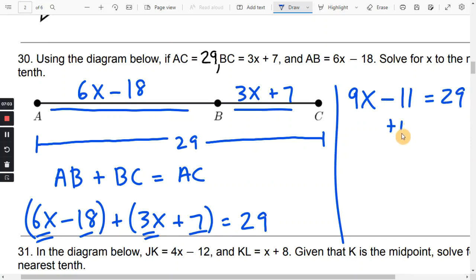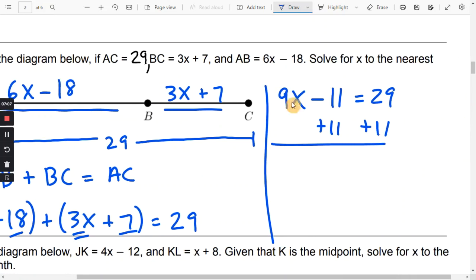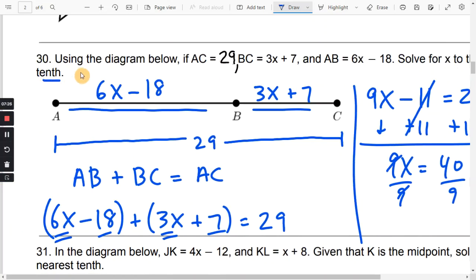Adding 11 to both sides. 11 minus 11 cancels. Bring down your 9x, and 29 plus 11 is 40. Dividing both sides by 9 in order to solve for x. x is 40 over 9. In this case, I said nearest tenth.